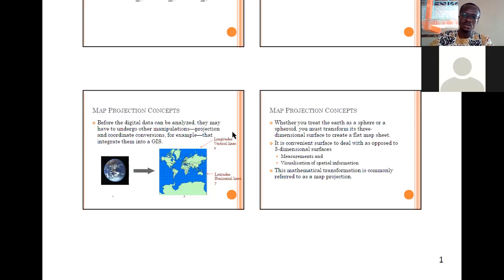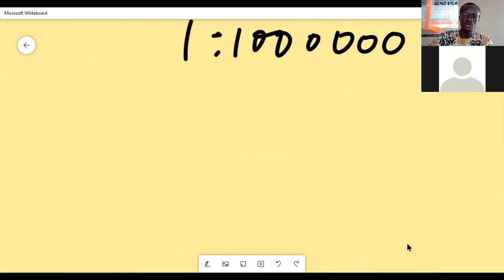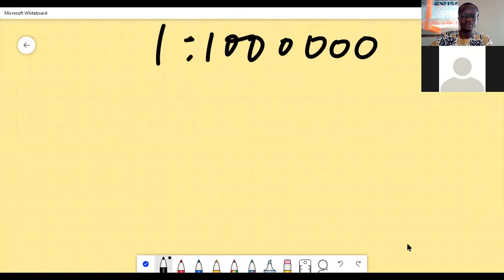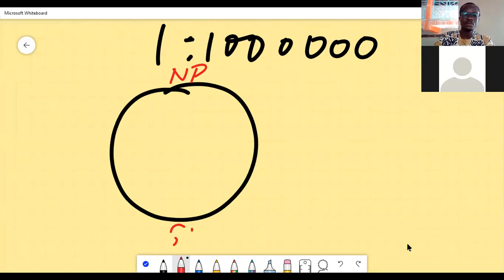So let me switch back to my whiteboard and look at a few things. You have the round earth. The best way we've tried to represent it is drawing a round surface, having a north pole, a south pole, and then drawing some lines.